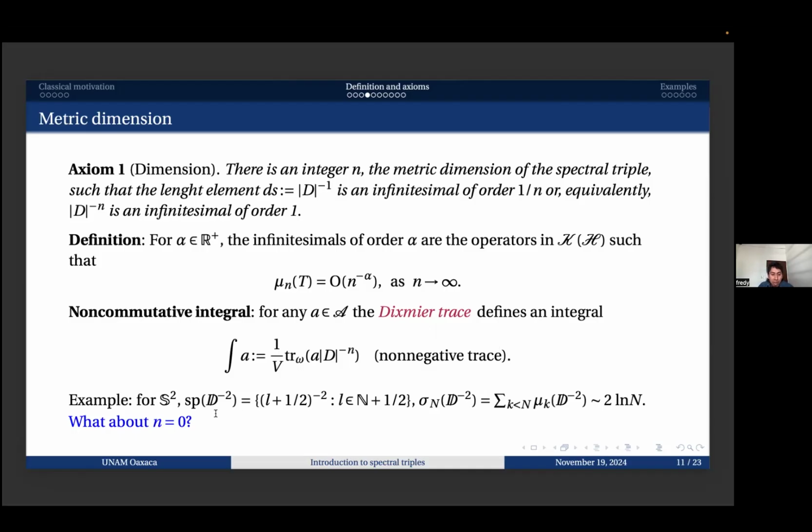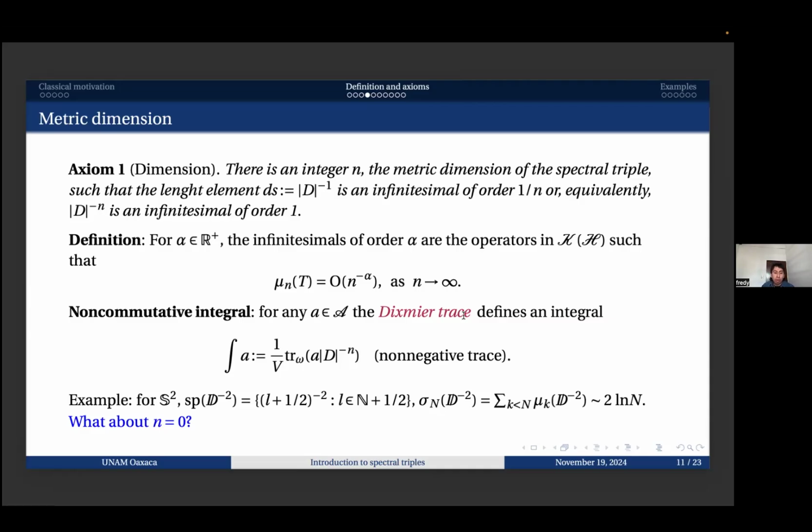But for example, for S2, or maybe we can think of S1, for S2 the spectrum of the Dirac operator is given by these numbers, and in this case we can see that the dimension is actually 2.